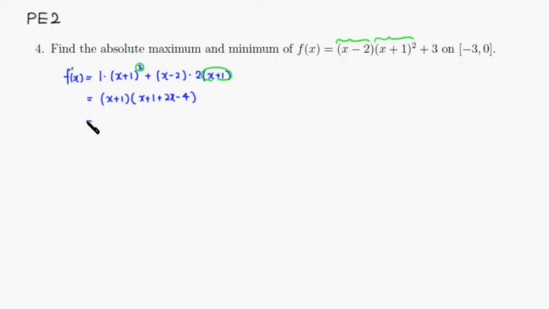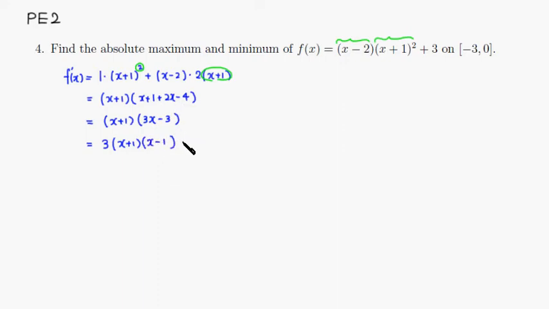Then we can clean that up. So you have a quantity x plus 1, and this is 3x minus 3. Luckily these have 3 in common, so I'll pull 3 out as well. So you have quantity x plus 1, and 3 is factored out, so you have x minus 1.